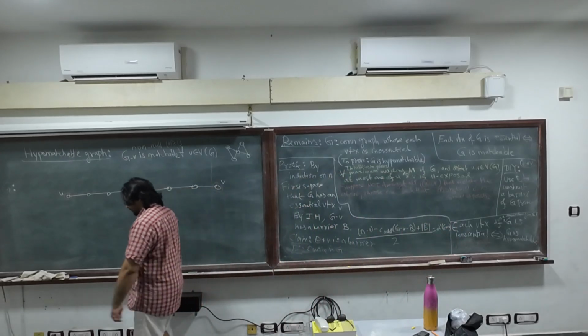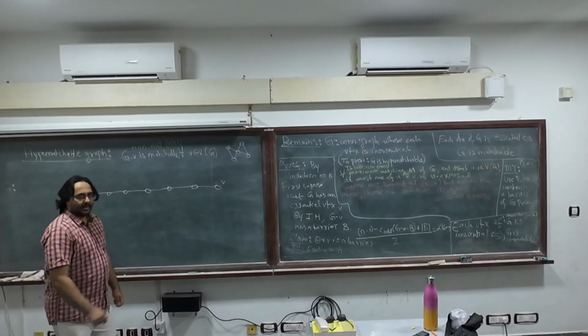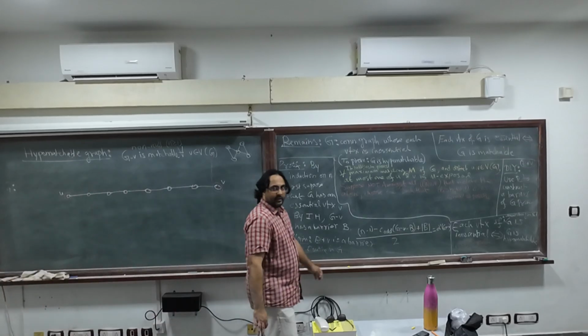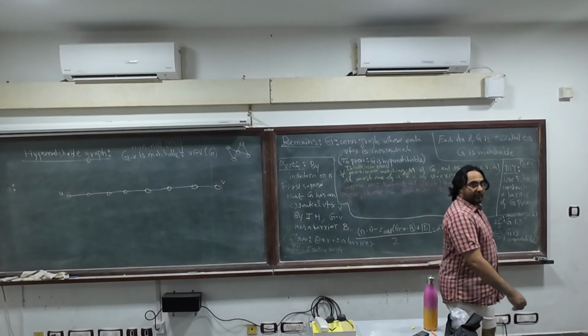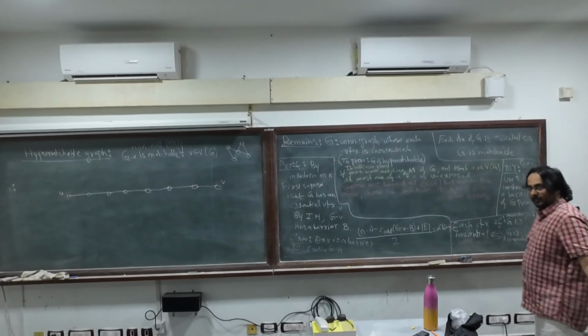Let me ask you, can the length of this path be 1? A single edge? No, right? Everybody agrees, because then M would not be a maximum matching. The length of this path cannot be 1.